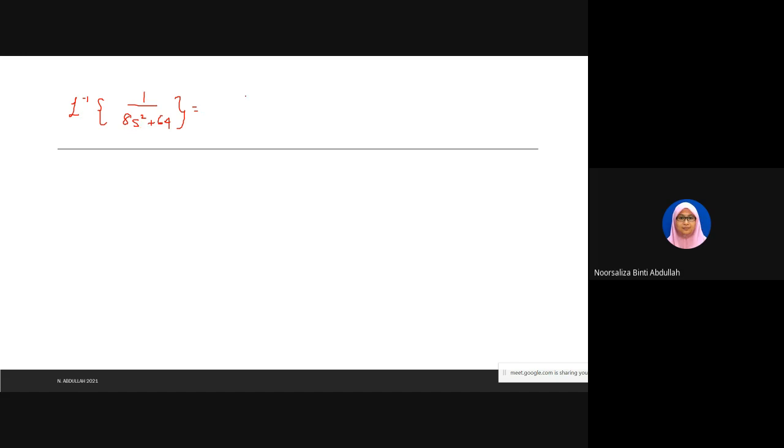So macam ni nak buat inverse Laplace, okay, 1 over 8 S kuasa 2 tambah 8. Kan? You faktor keluarkan 8 ni kat luar dulu kan? Betul? Okay. So 1/8 you keluarkan dekat ni, this one is actually equals to 1 over 8 times 1 over S square plus 8.